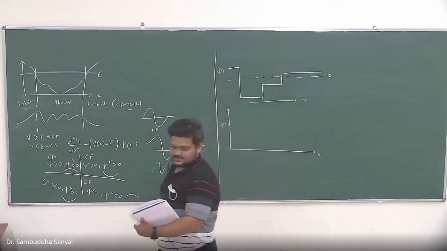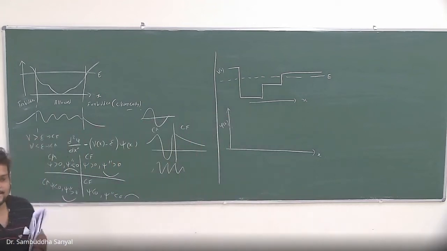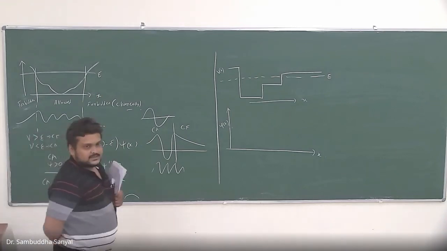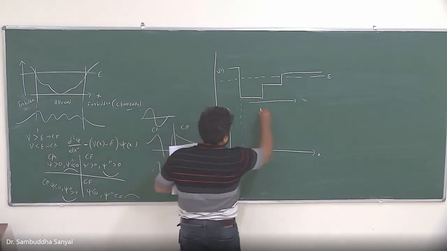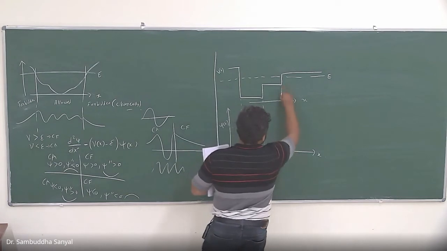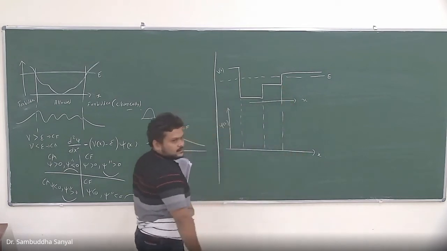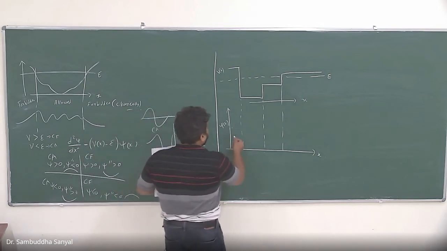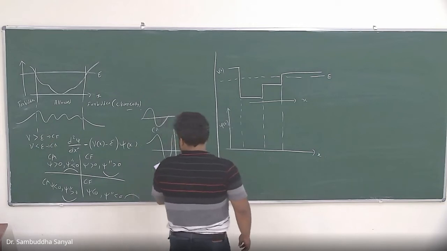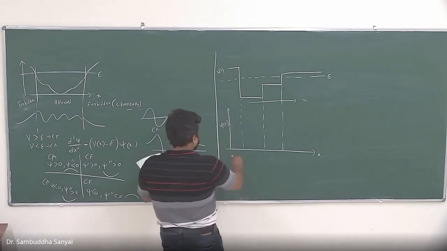How do you draw this, based on this picture and what we discussed earlier, without solving the problem? Guess, any guess, at least some region. Let's start with this. Can you at least sketch the solution in these two regions?